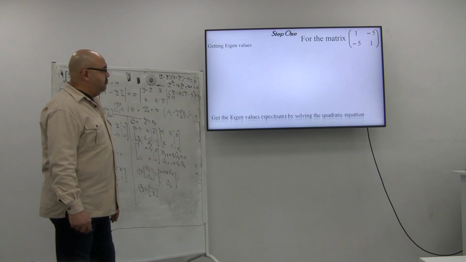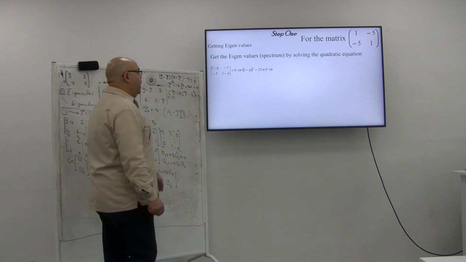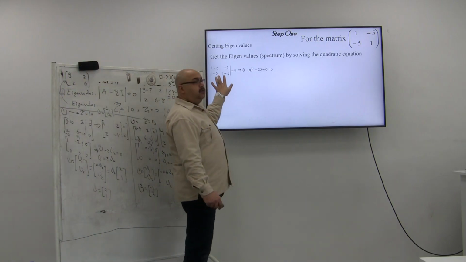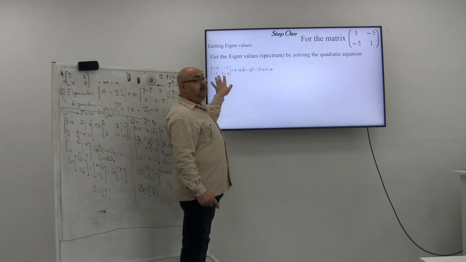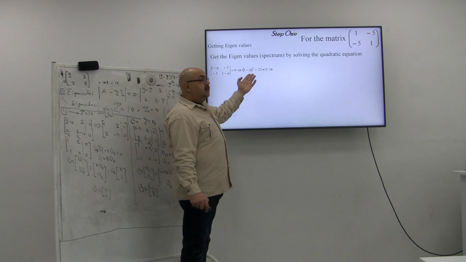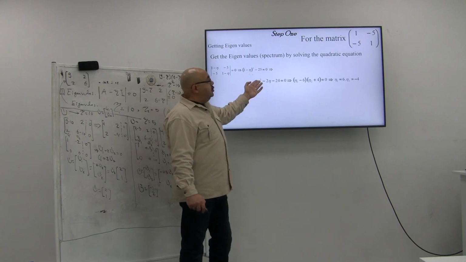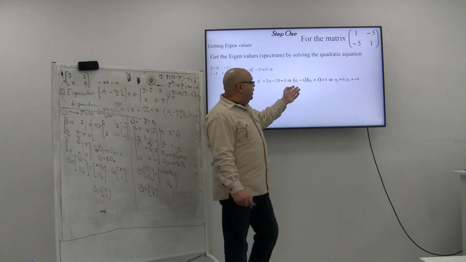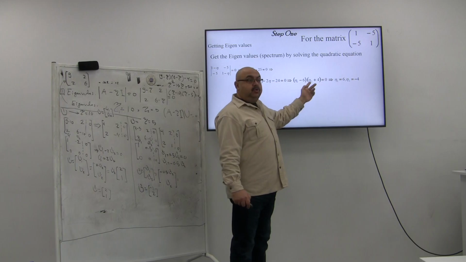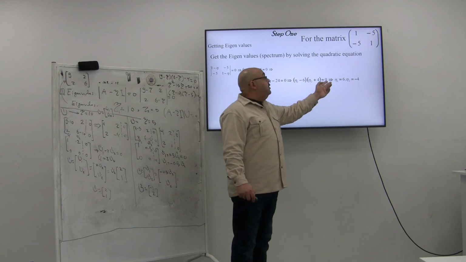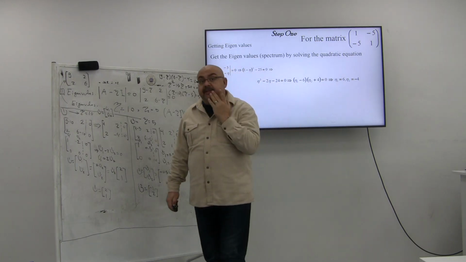Okay, I will start. I'm not going to spend a long time on this matrix. I take the characteristic equation. Once more, if you remember, A minus eta I equals 0. Expanding, that's the equation. I've tried to simplify, and I ended up with eta 1 equals 6, eta 2 equals negative 4. So the eigenvalues are 6 and negative 4.